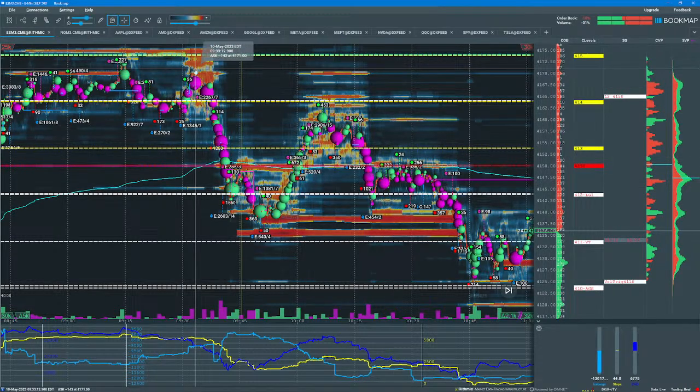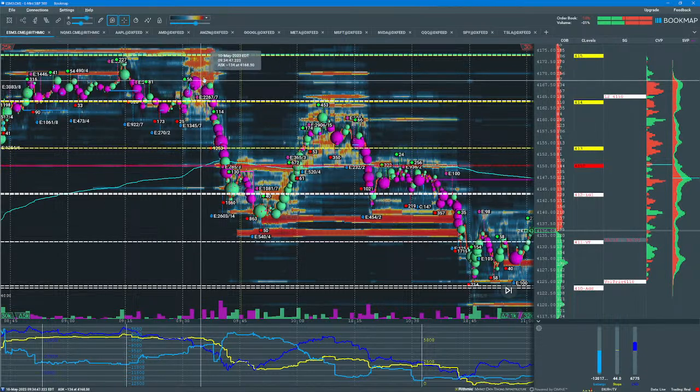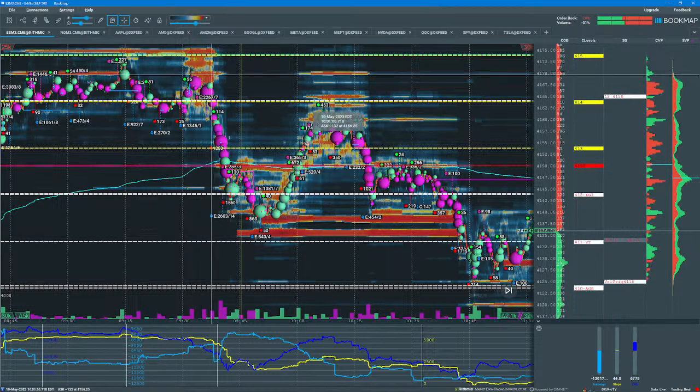And remember, there's the short divergence, confirmation short, and it's not shown on this chart, but that SPX 4154 was just about the high of the day for SPX, and you can see order flow shifting bearish here.